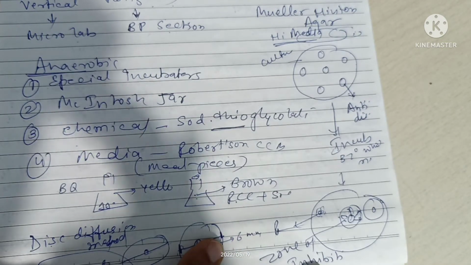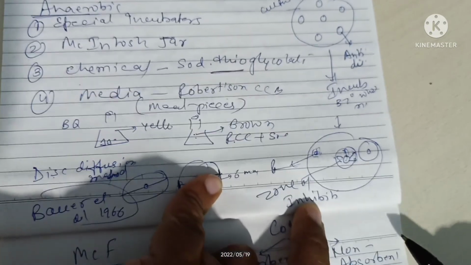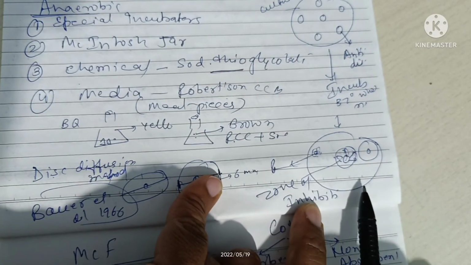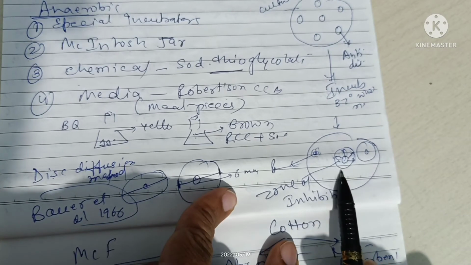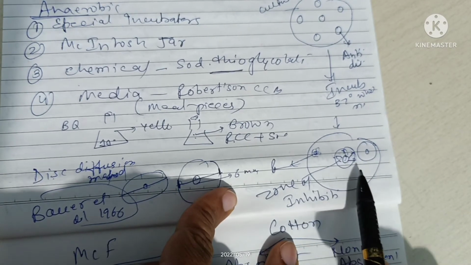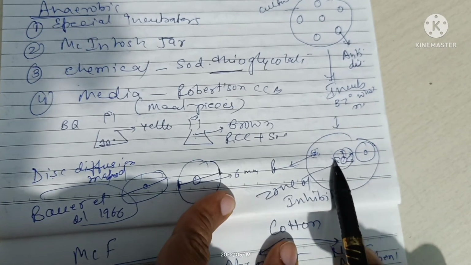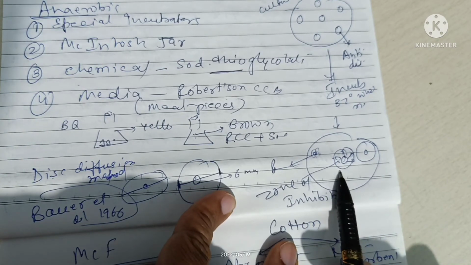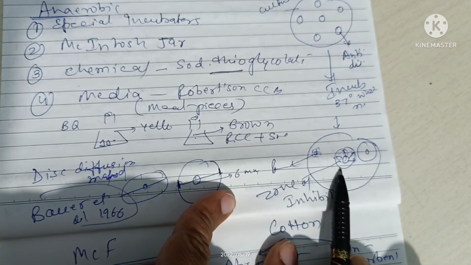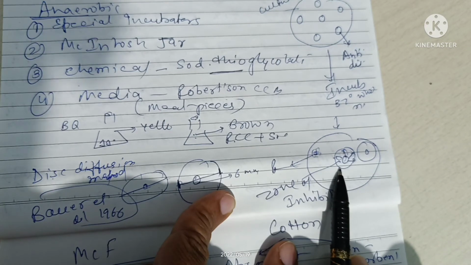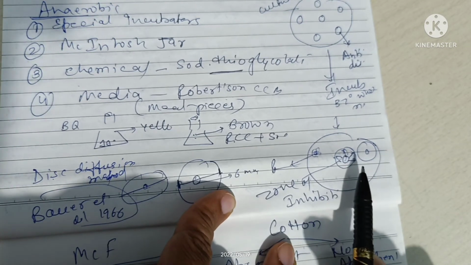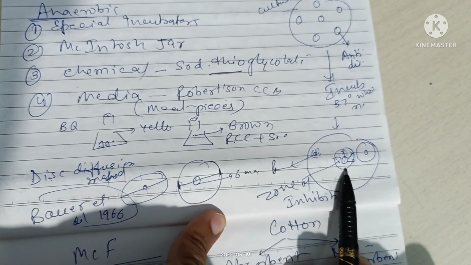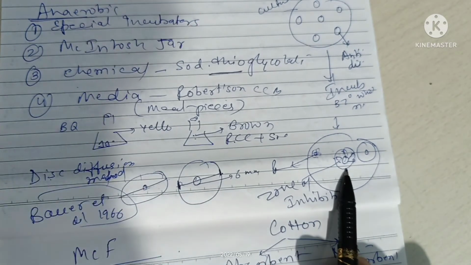After 24 hours, we check the zone of inhibition created by each disc. The inhibited area is there because the bacteria are unable to grow at the zone of inhibition site. So the zone of inhibition is to be checked and measured.